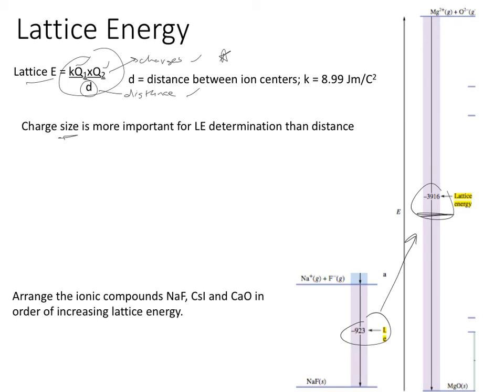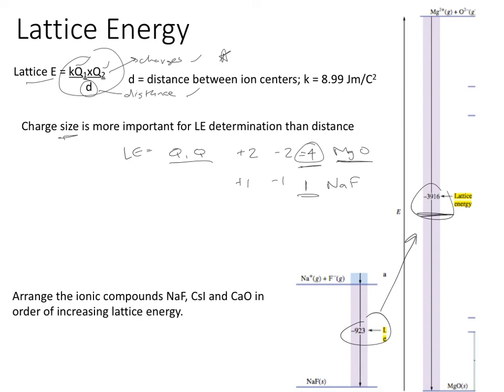If we look at this with respect to the relationship to the charges, the +2 charge and the -2 charge for magnesium oxide versus the +1 charge and the -1 charge for sodium fluoride, those values are going to give us 4, and the values here are going to give us 1. So we would expect, if charges were the only determining factor, for magnesium oxide's lattice energy to be approximately 4 times the lattice energy associated with sodium fluoride.